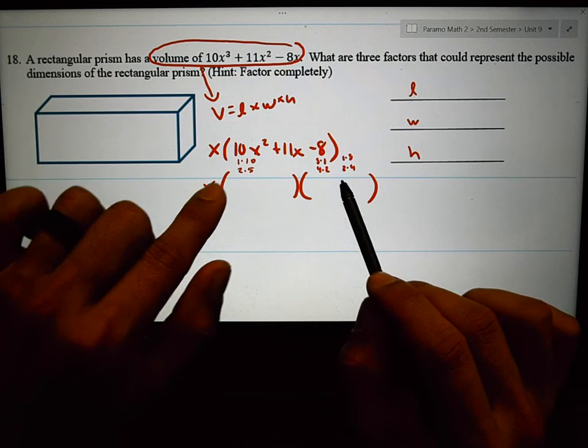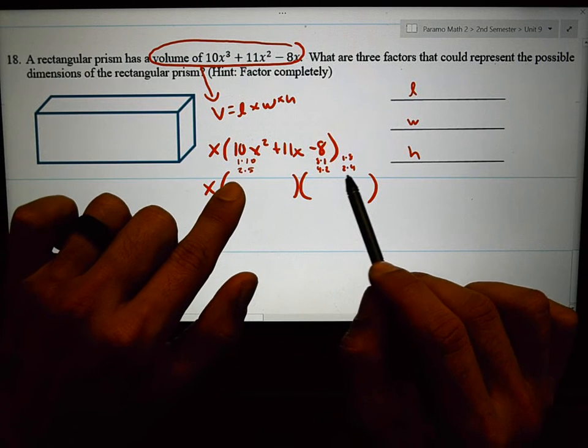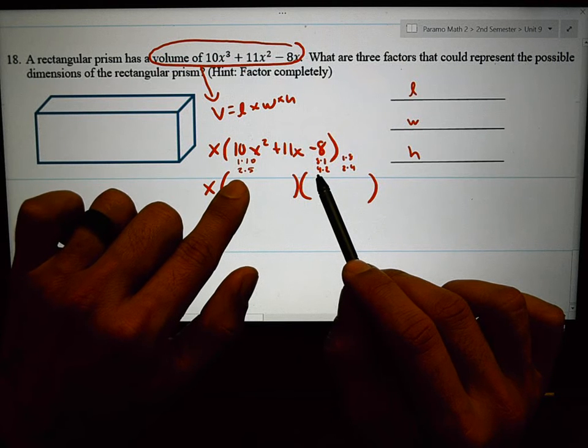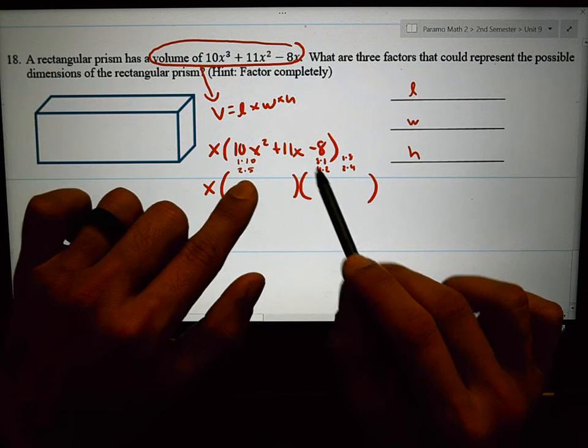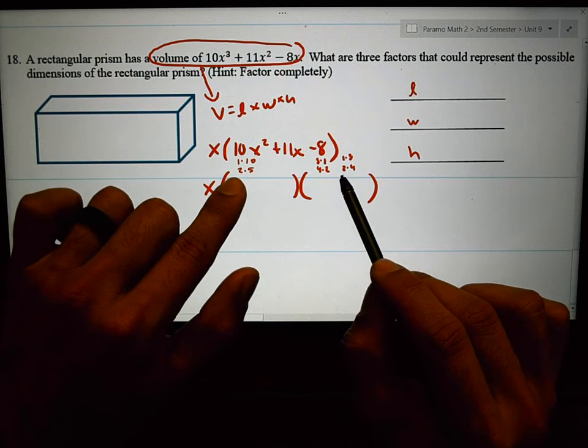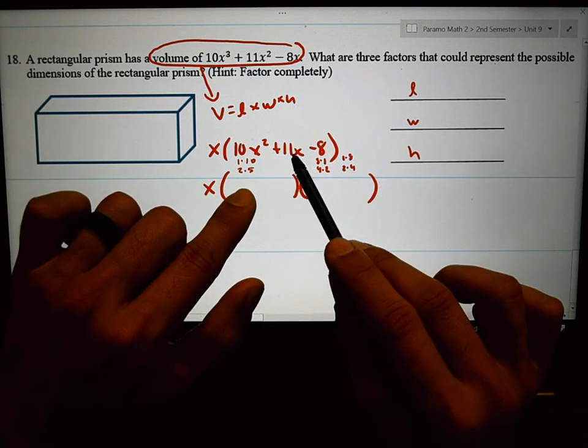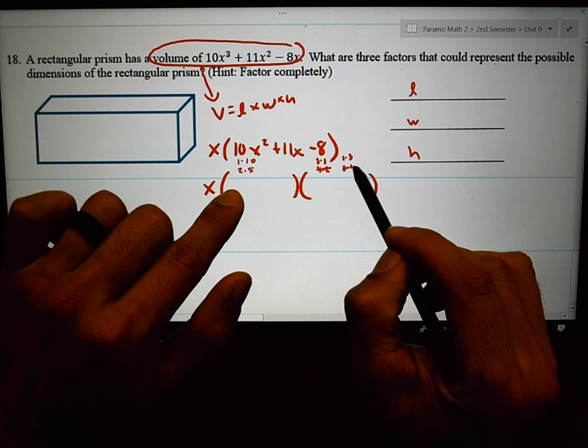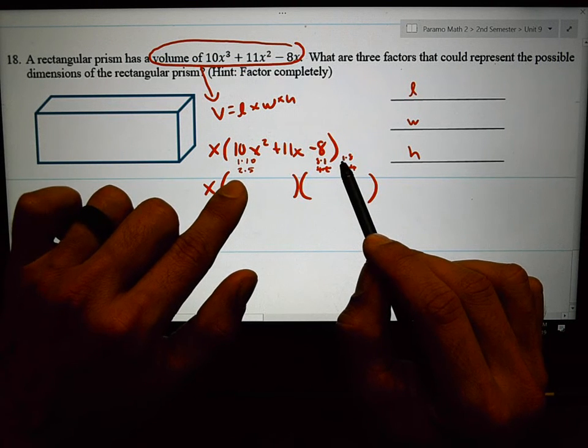So, left number times left number, 8 and 10. That doesn't make 11. 4 and 20 does not make 11. 2 and 40.